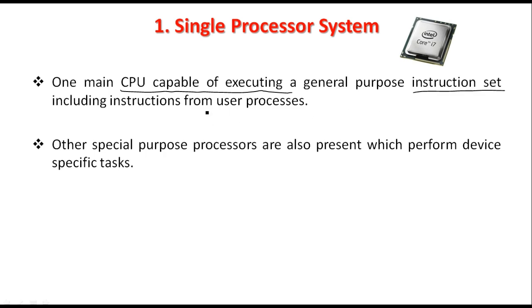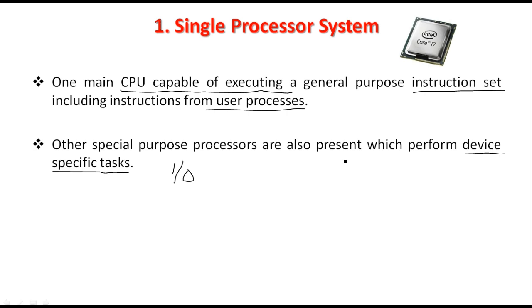But coming to the device specific task, like when we are performing an IO task or a memory task, at that time we need a special purpose processor, and that special purpose processor is also present in this single processor system.